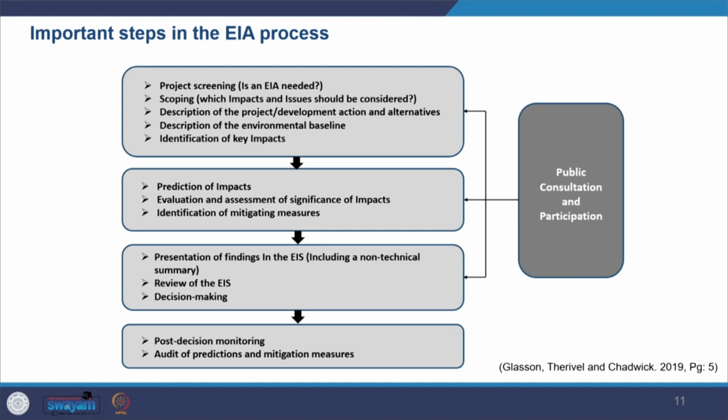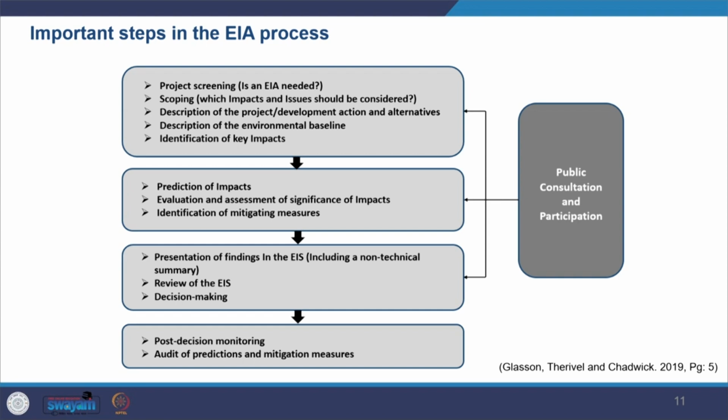Further, you would also need participation when you are providing site-specific information. People will be able to provide a lot of local knowledge and how the site behaves, and all that information you will get from people.